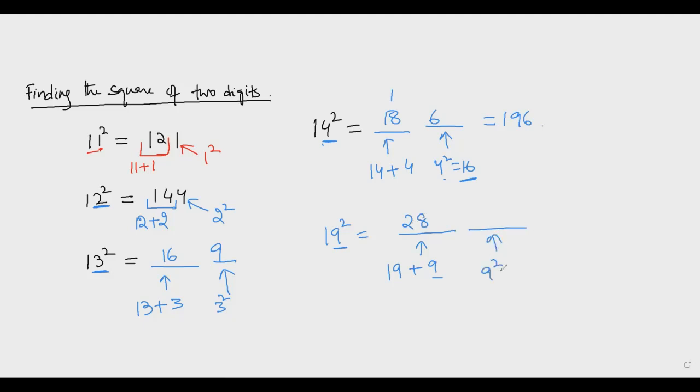And then the last digit squared. 9 square is 81, right? So it will be 81 like this, with 8 carried. Then 28 plus 8 is how much? 36. So 361, and that's the answer. Is that okay?